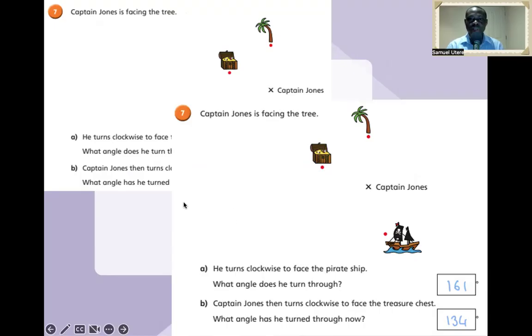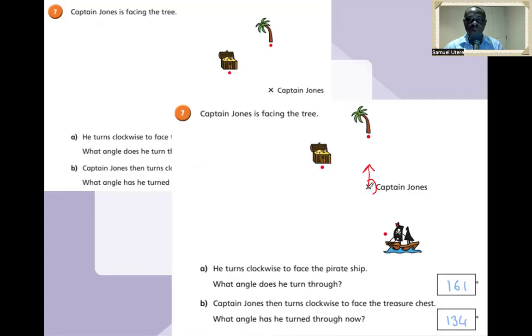This is something you're going to have to work out and then measure. Whenever you have a question like that, you indicate your north line. So this is Captain Jones, he's facing the tree, so that's north. Then he turns clockwise to face the pirate ship, so you draw an angle like that.